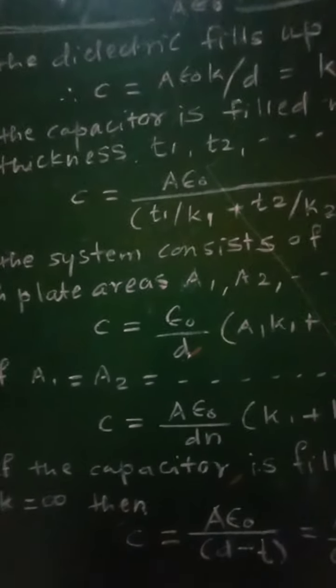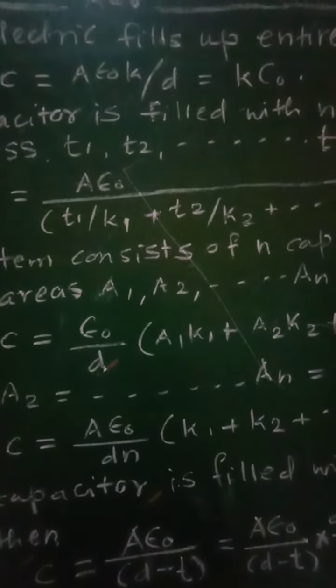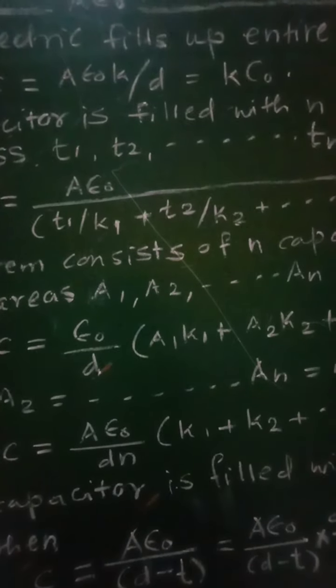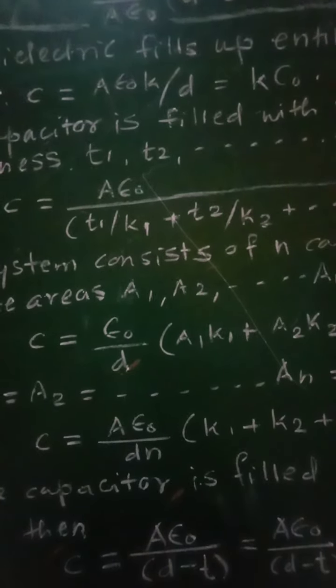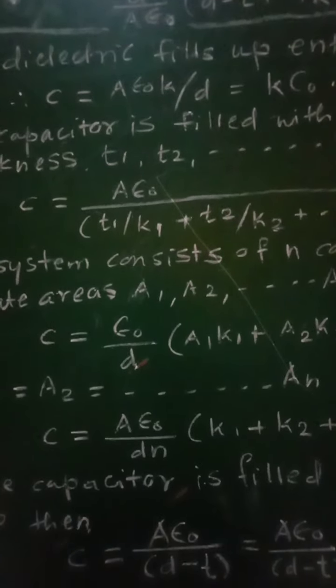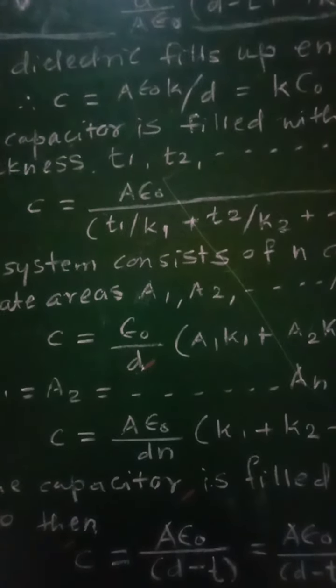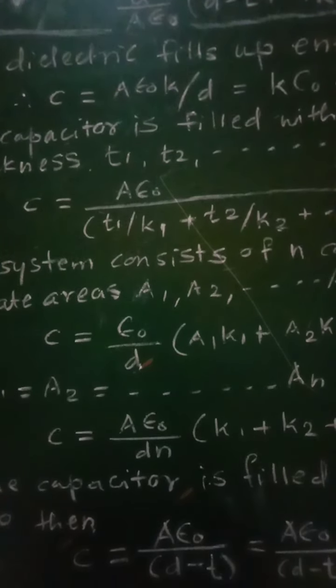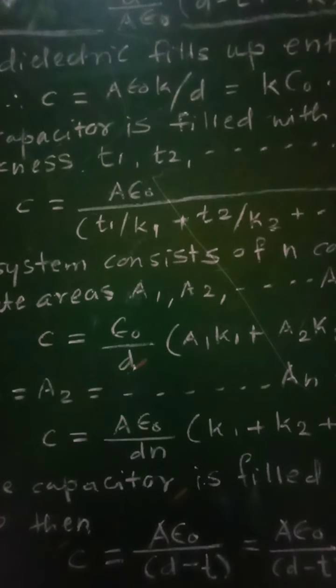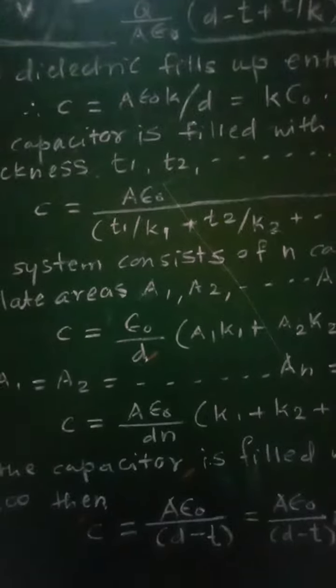So C is equal to k into C0, and that means from this relation it is clear that if the space between the two plates is fully filled with the dielectric, then the capacity of the capacitor will increase k times its original capacity.